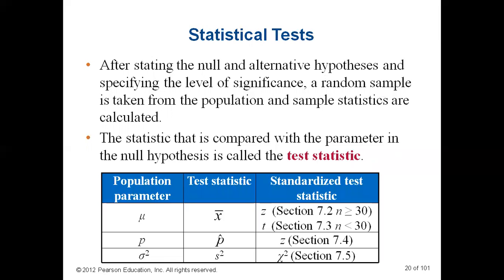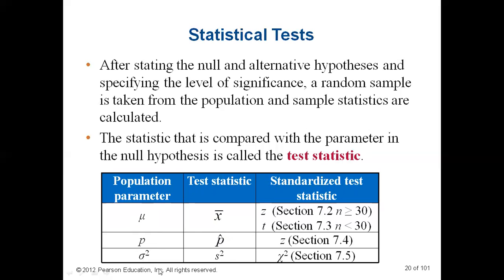For example, we use mu, p and sigma square to represent population parameters. Sigma is the standard deviation, p is the probability, and mu is the mean. If we take a sample from this population and compute its summary statistics, x bar represents the average of the sample, p cap represents the probability of the sample, and s is the standard deviation of the sample.